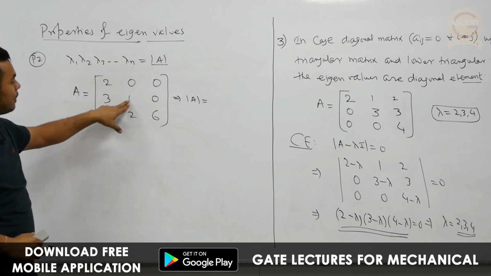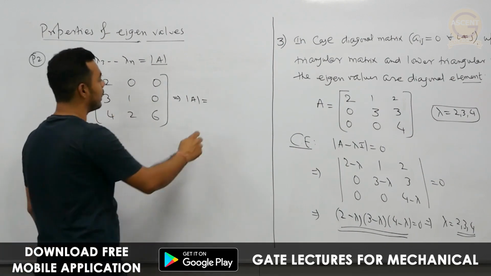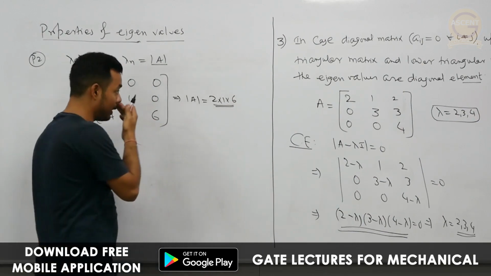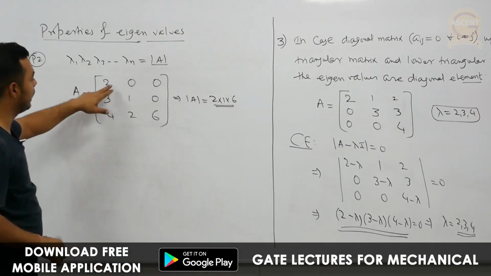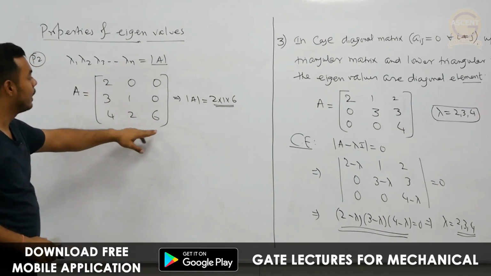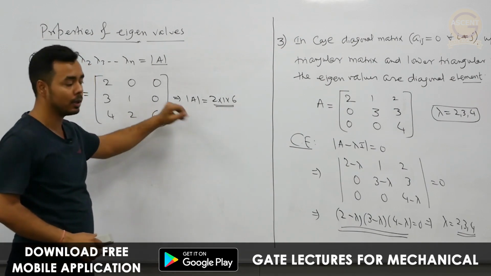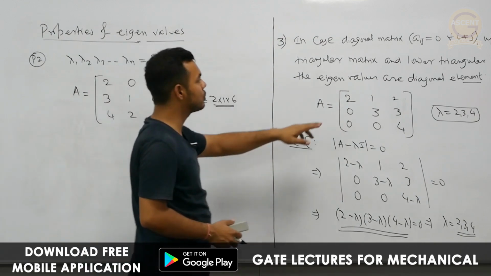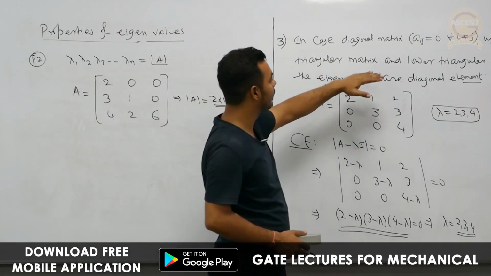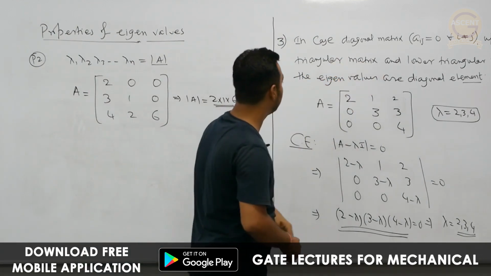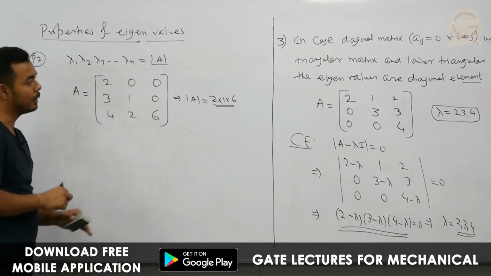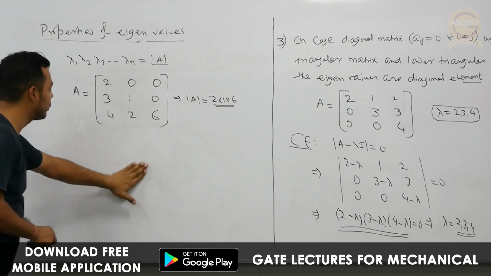You can simply multiply the diagonal elements. 2 into 1 into 6 will be the determinant of this matrix because 2, 1, 6 are the eigenvalues and the product of eigenvalues gives you the determinant. So again, this is a very important property. In the case of lower triangular, upper triangular and diagonal matrices, the eigenvalues are the diagonal elements and the determinant is the product of diagonal elements. So this was our third property.